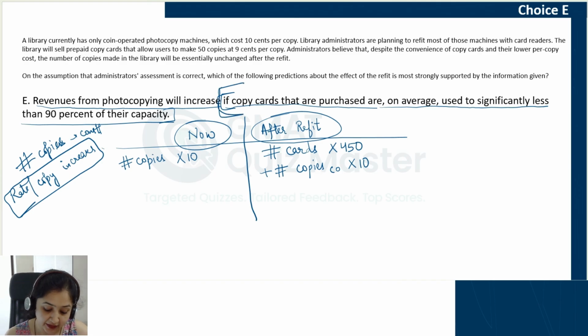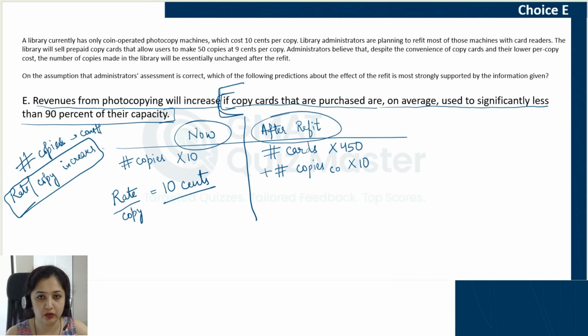Let's check that. So earlier the rate per copy was 10 cents, right? No other condition. It was flat 10 cents per copy. Now with the card readers, we are providing 50 copies at 9 cents per copy.